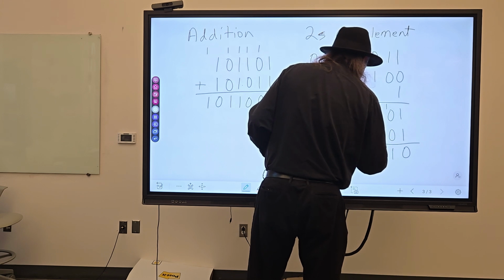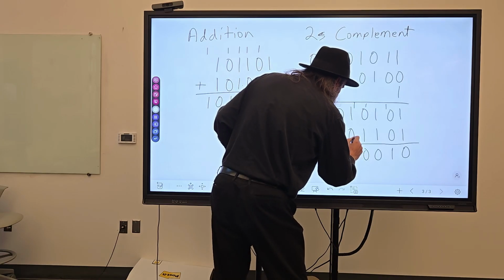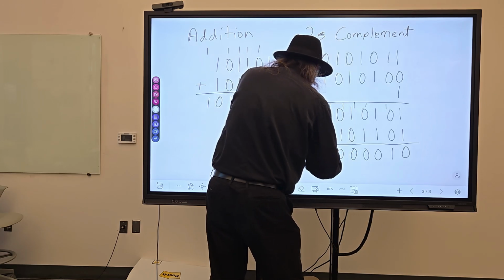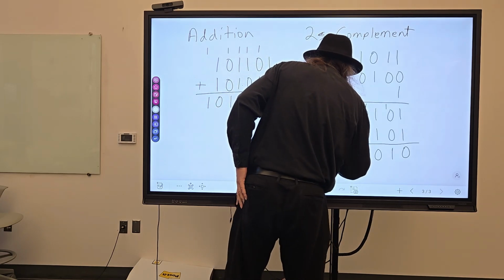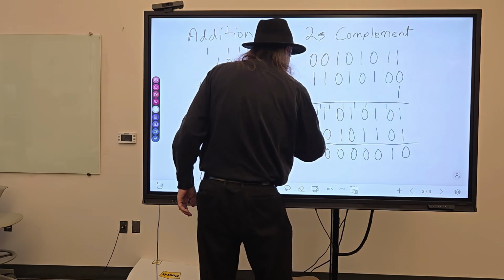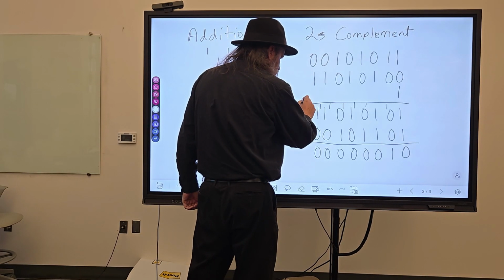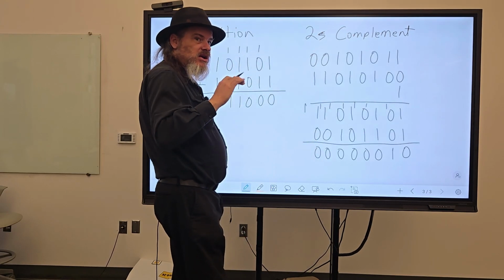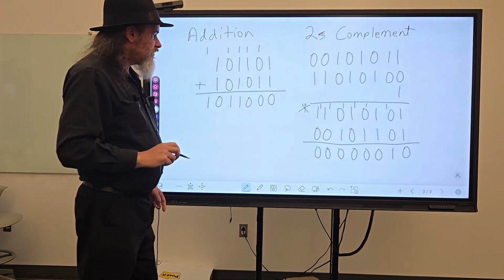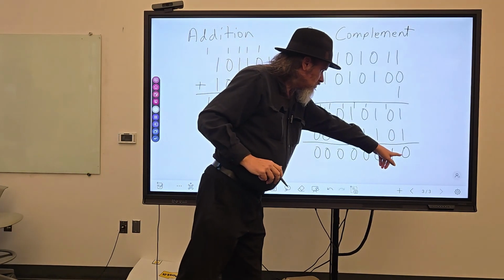Carry the 1. 0. Carry the 1. 0. Carry the 1. 0. Carry the 1. 0. Carry the 1 again. 0. Carry the 1. And your most significant bit in subtraction gets ignored. This is just garbage. So the difference between this number and this number is only 1 0.